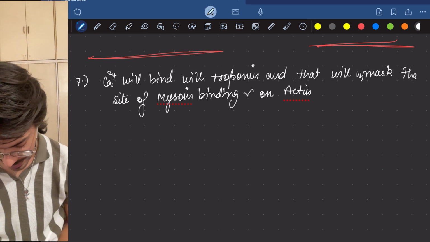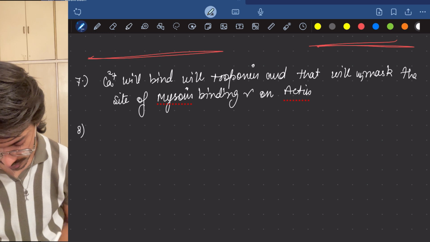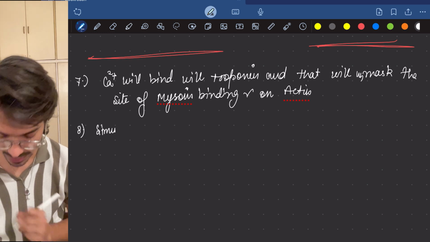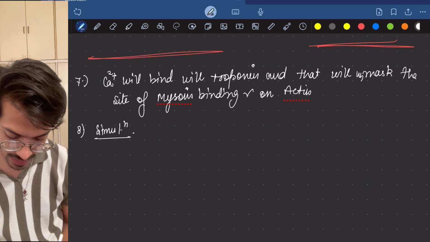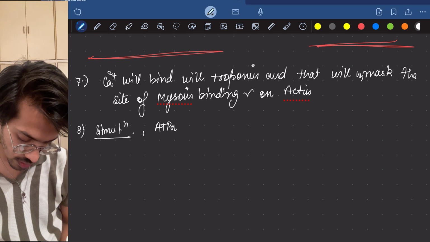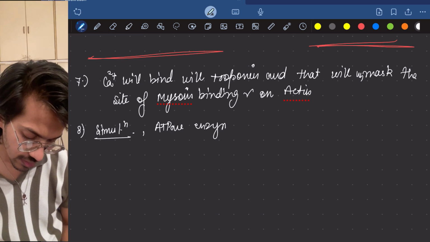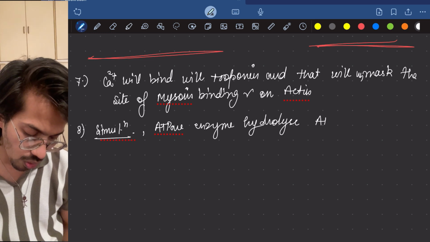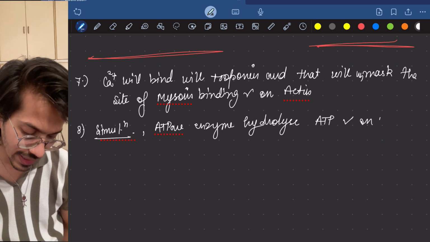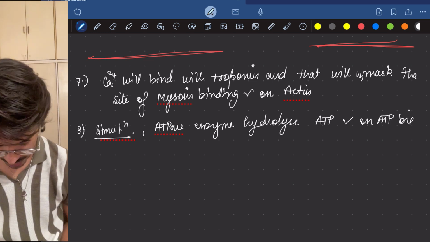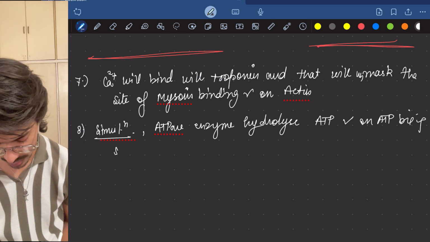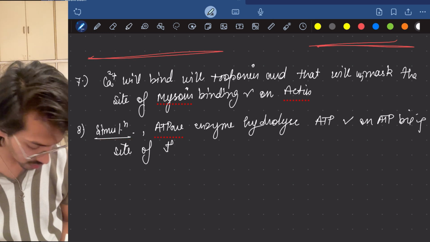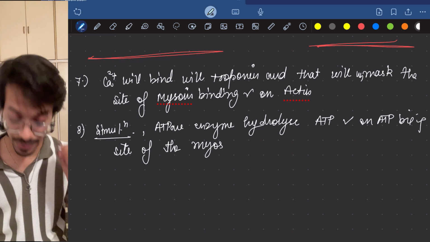Simultaneously, ATPase enzyme hydrolyzes ATP present on the ATP binding site of the myosin. Okay, now what will happen?